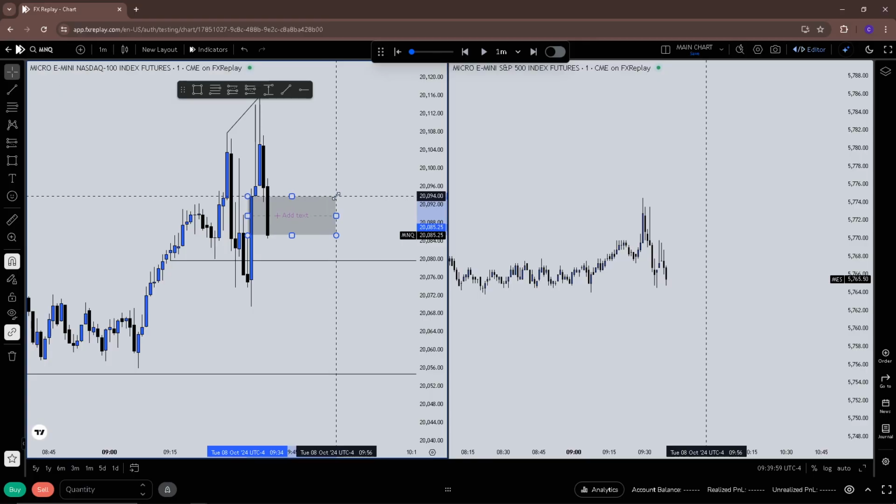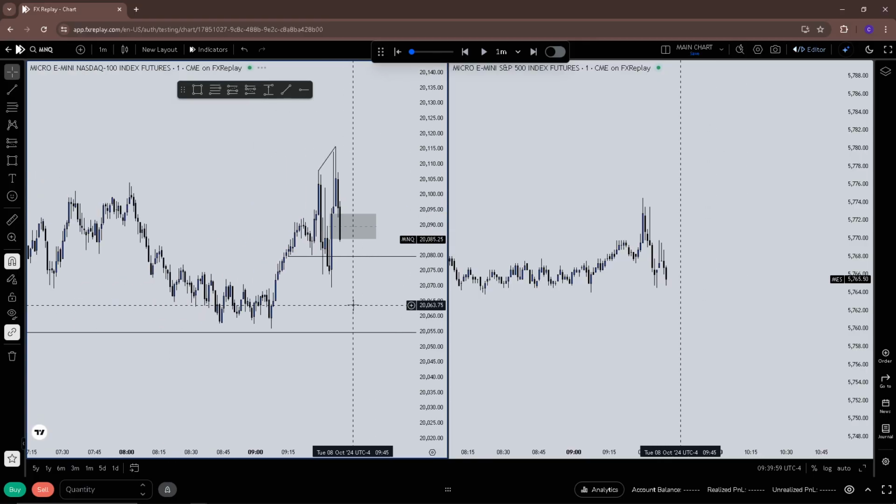Watch out for this low. We do inverse this 1-minute gap.